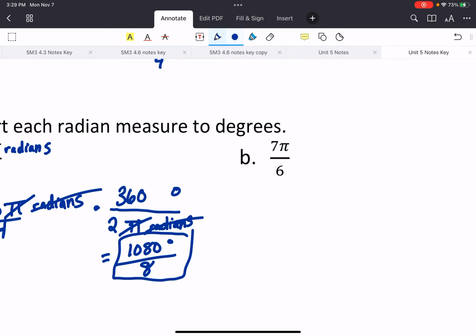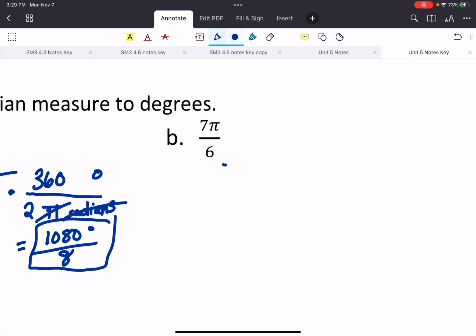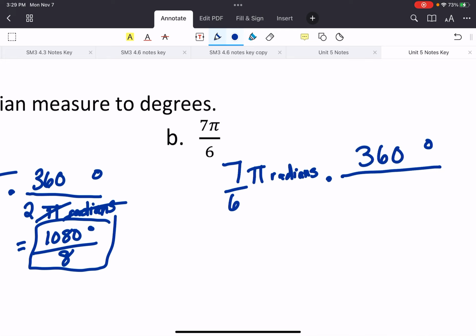We'll practice one more. 7/6 pi radians. We want to become degrees, so 360 degrees goes on top. We want to get rid of the radians, so 2 pi radians on bottom.